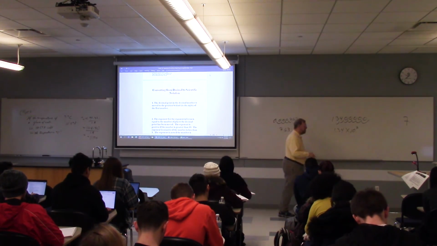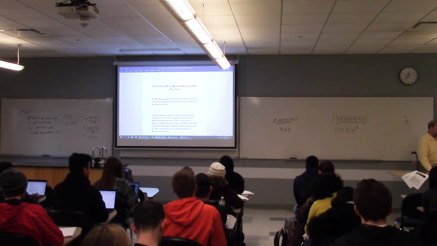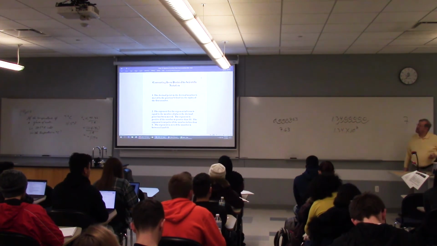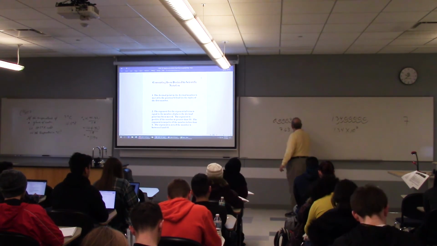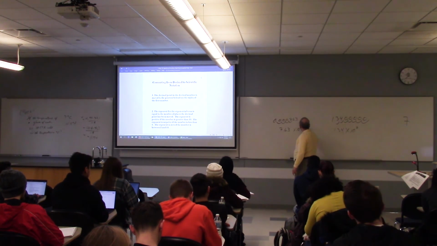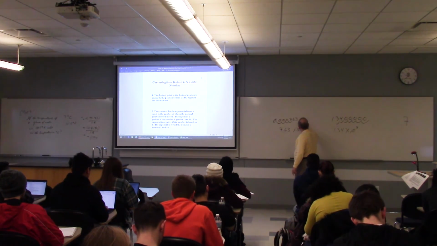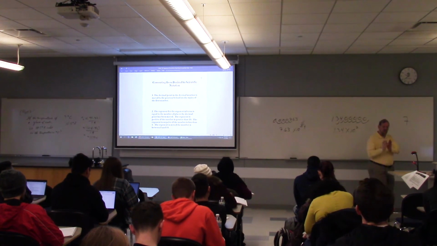Now, if the number is less than 1, then you use a negative number. So this would be times 10, but because it's less than 1, I moved it 1, 2, 3, 4. This is negative 4. See the negative number? And that tells you it's a small number.